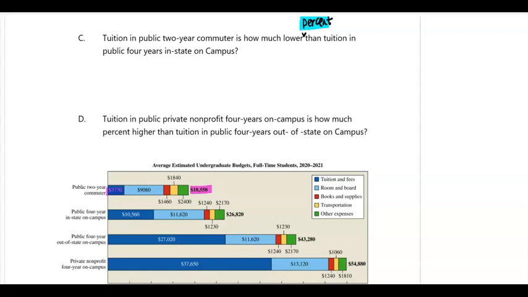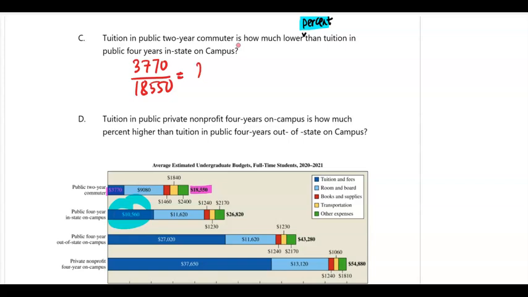For public 4-year in-state campus, this is the tuition, and this 26,820 is the total. To find the percentage, as you did before, you divide tuition 3,770 by total cost 18,550.